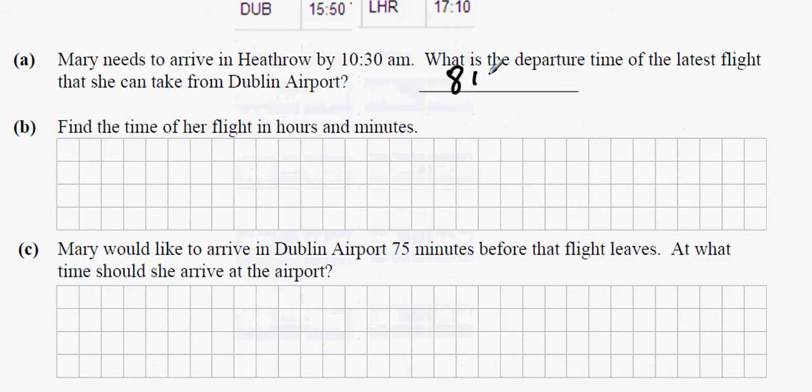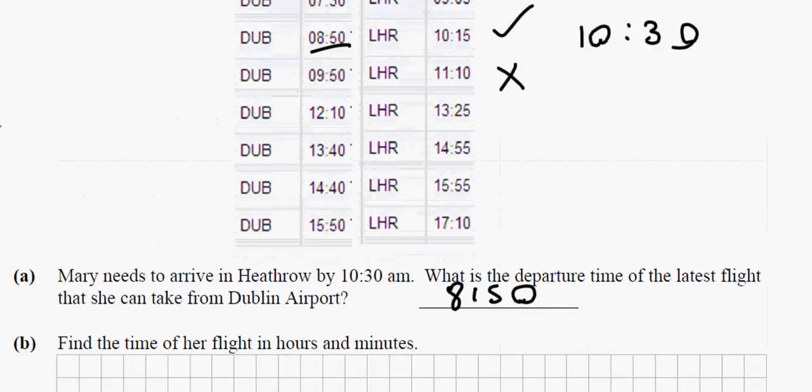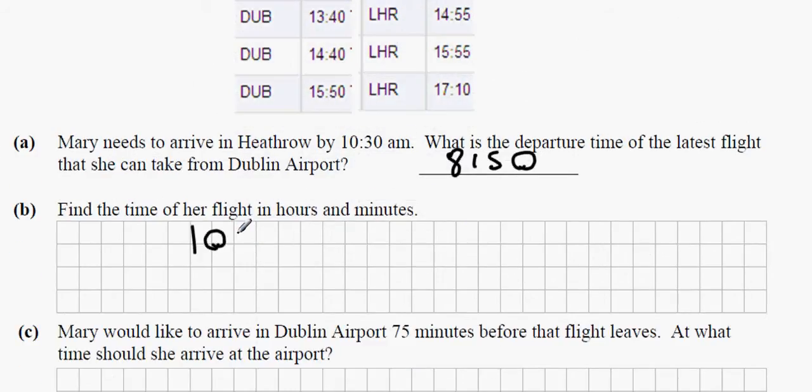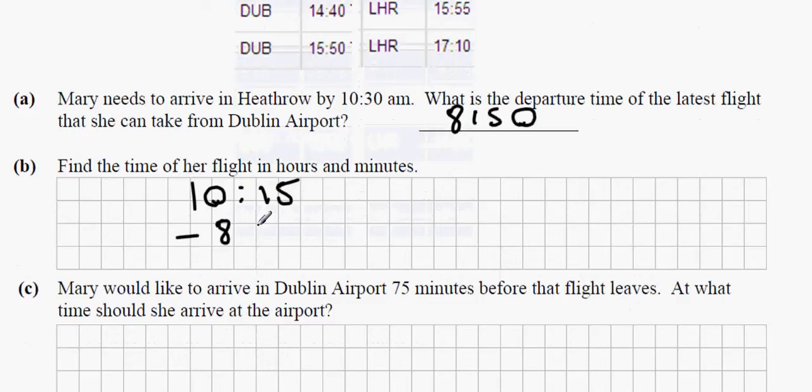Okay, find her time of flight in hours and minutes. Well, she leaves at 8:50 and arrives at 10:15. So 10:15 minus 8:50. So what we have here is basically we got to take it away. Okay. So what we're saying is 50 is bigger than 15. So what we can do is we can borrow an hour.